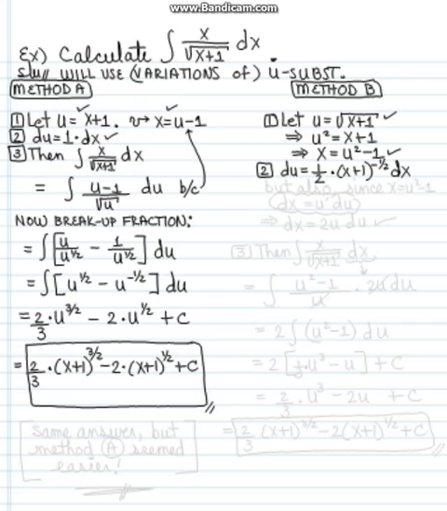In other words, du is equal to the derivative of u with respect to x times dx. So u was (x plus 1) to the 1/2 power, so the derivative was 1/2 times the base x plus 1 to the, subtract 1 from the power, we get negative 1/2 dx. That's the derivative, the differential.